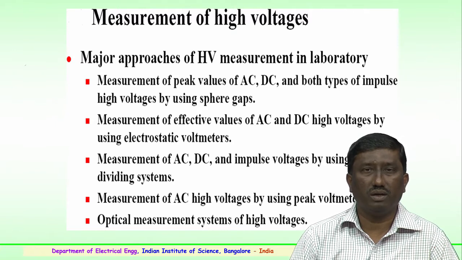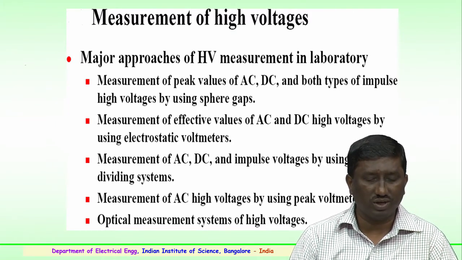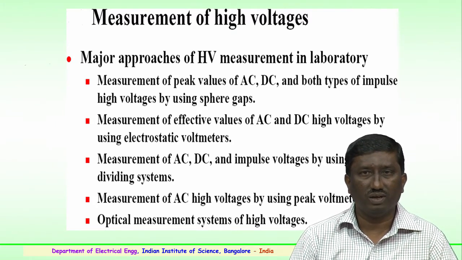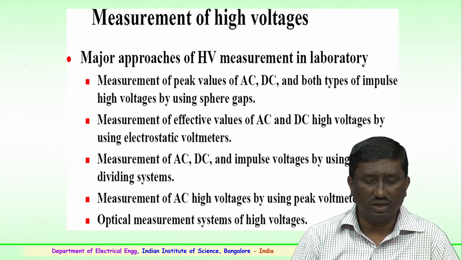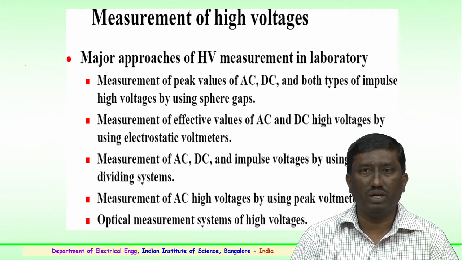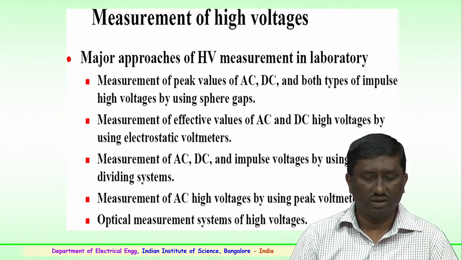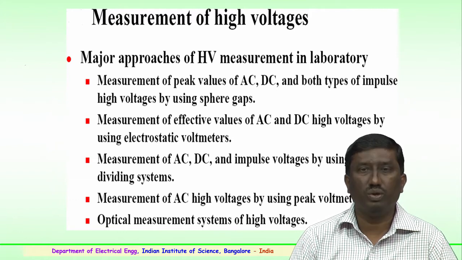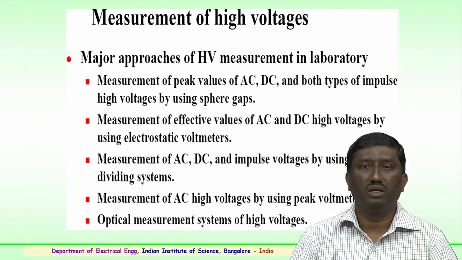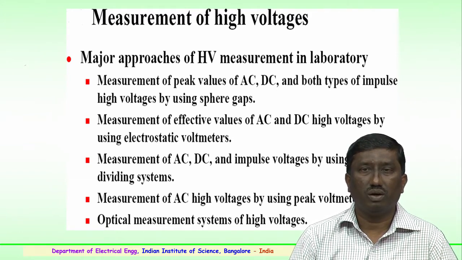First and foremost, any high voltage measurement laboratory should be able to use the devices for measurement of peak values, be it of high voltage AC, HVDC or both types of impulse voltages.